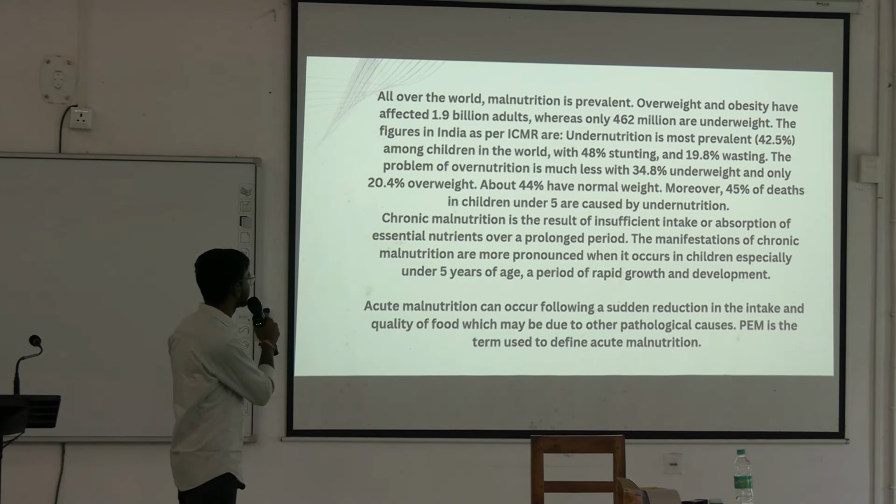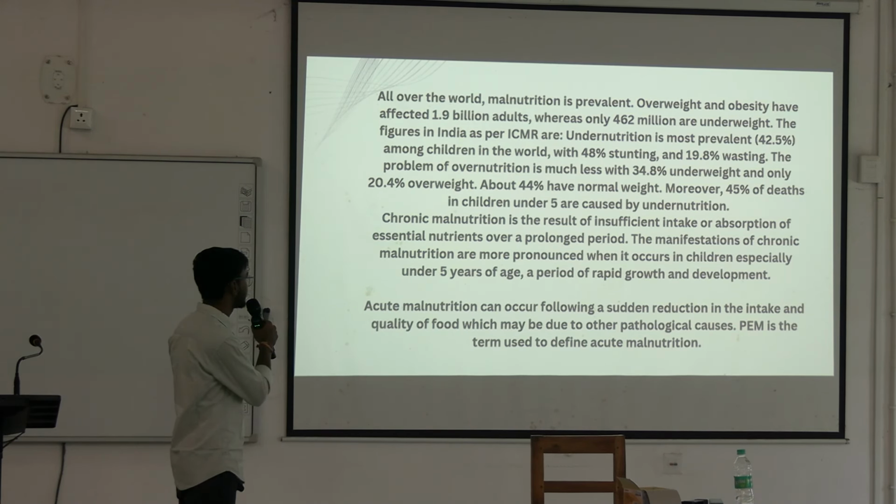All over the world, malnutrition is prevalent. Overweight and obesity have affected 1.9 billion adults, whereas only 462 million are underweight. The figures in India as per ICMR are that undernutrition is more prevalent, 42.5%.